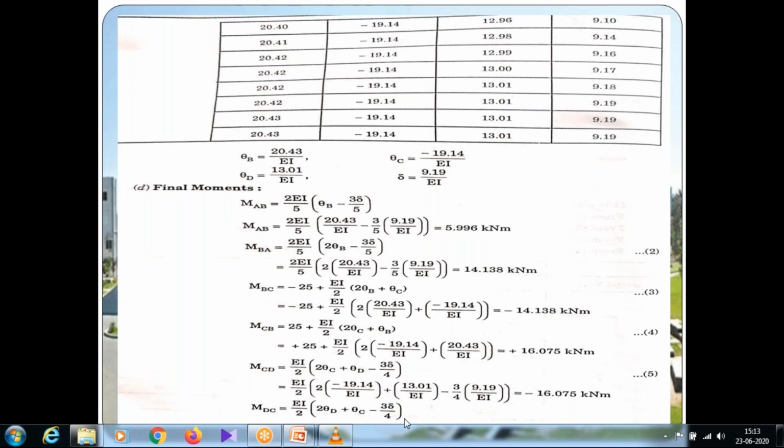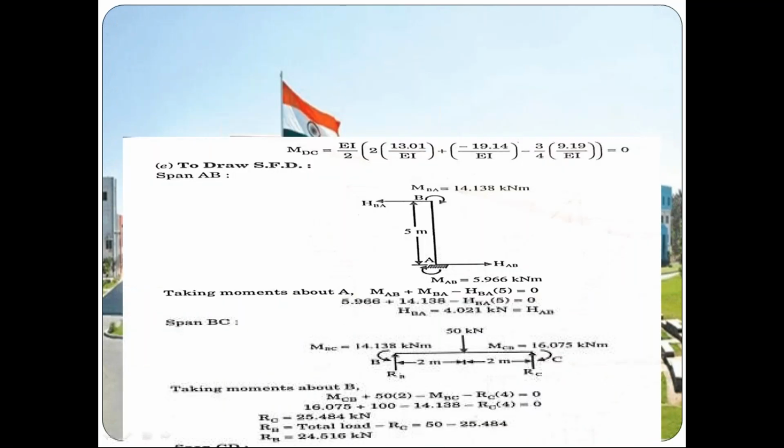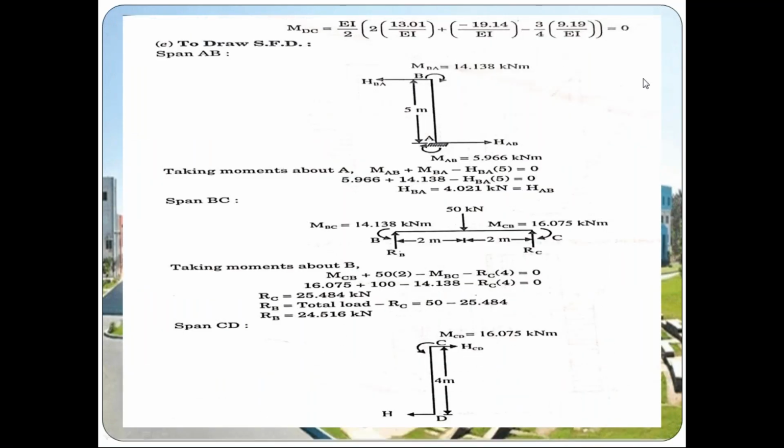After substituting theta D, theta C and delta, we are getting that value also as 0. We can check that at joint D the moment is 0, so it is correct.